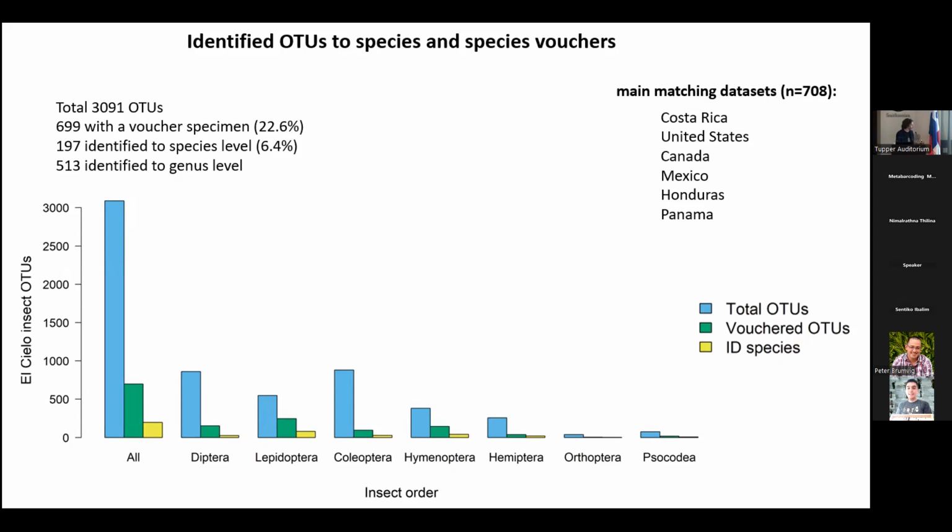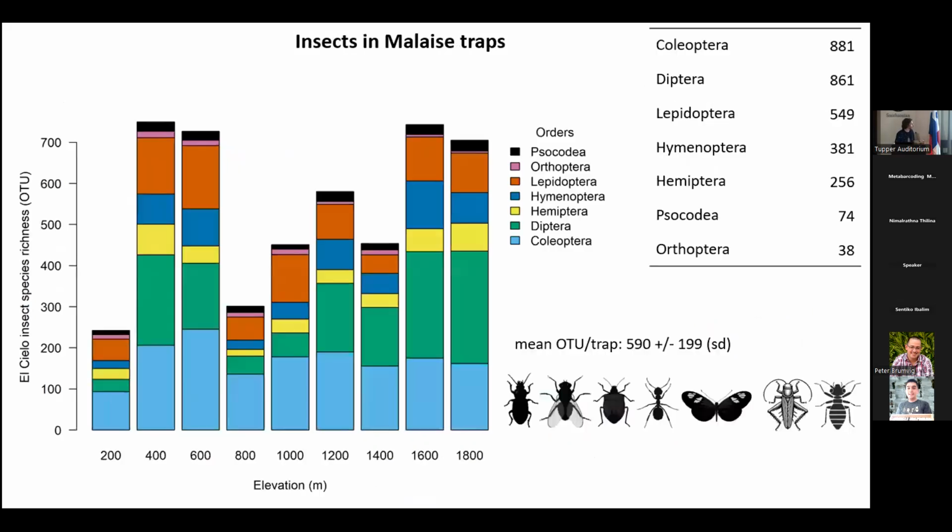The situation was the best in Lepidoptera because of these long-term sequencing efforts, and then to some extent in Hymenoptera. So there is better data available for the region. And the most closely matching data sets with the Mexican one were from Guanacaste, Costa Rica, then the United States, Canada, and some studies from Mexico, which were more limited though.